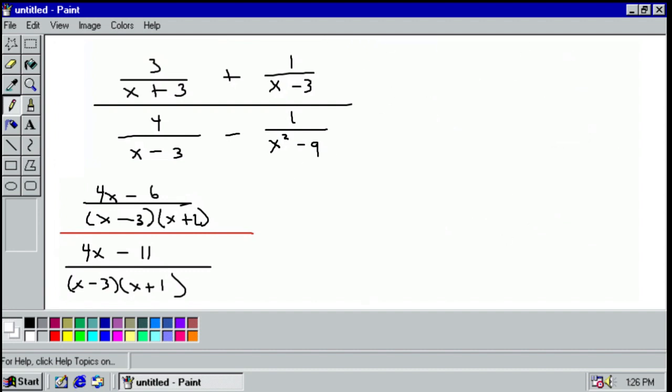Now we can use the reciprocal method. So first copy the numerator, and multiply it by the reciprocal of the denominator. This is 1, not 2.